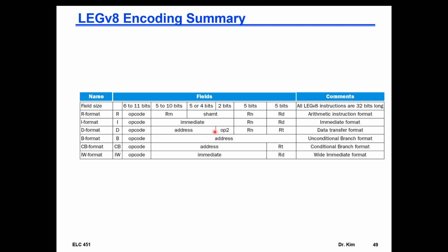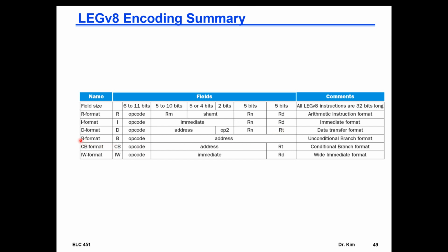And that combines the contents of a register and an immediate field, and that operand becomes either the address where we're going to store the contents of this register, or it becomes the contents that we're going to store into this destination register.